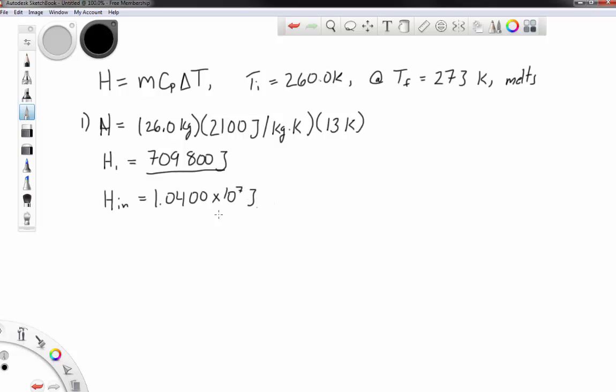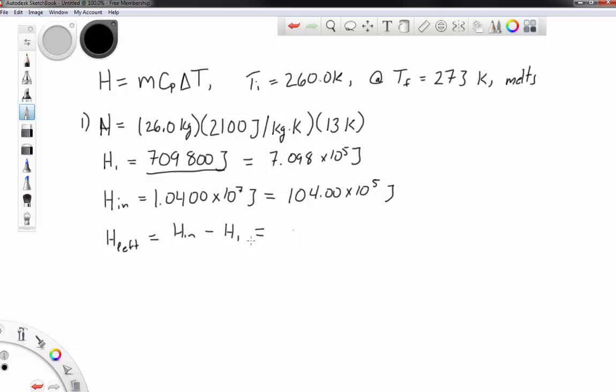So if we want to figure out how much heat we have left, the heat left over is whatever the heat input minus the heat for this phase 1. So the heat in this phase 1 we could write, for example, as 7.098 times 10 to the 5th joules. And if we wanted to convert this into a times 10 to the 5th, it would look like 104.00 times 10 to the 5th joules.